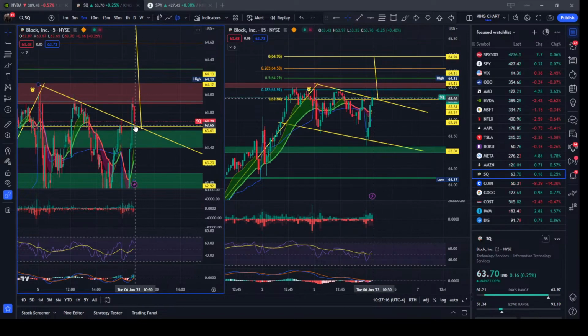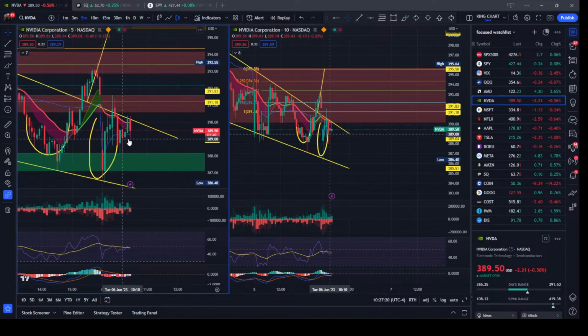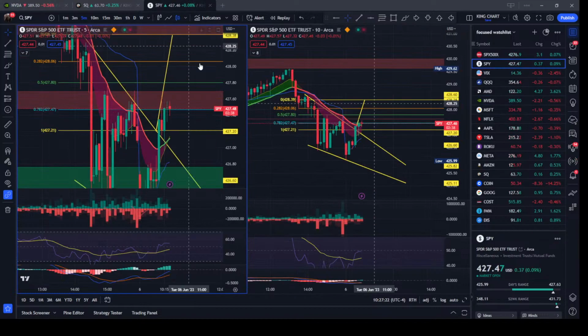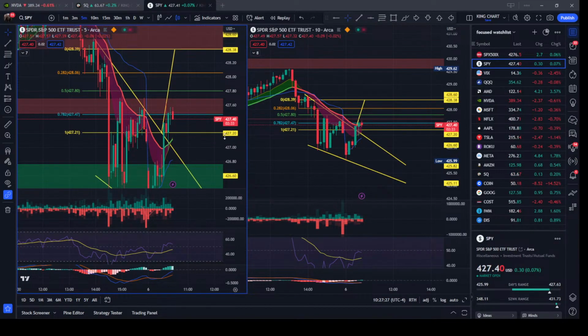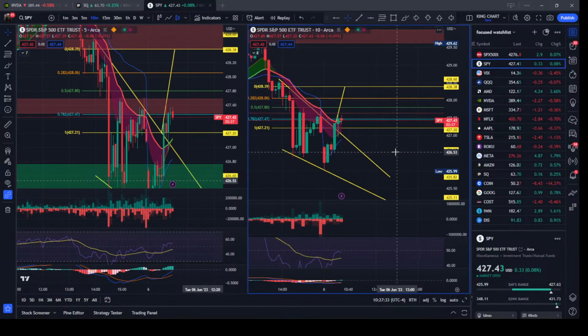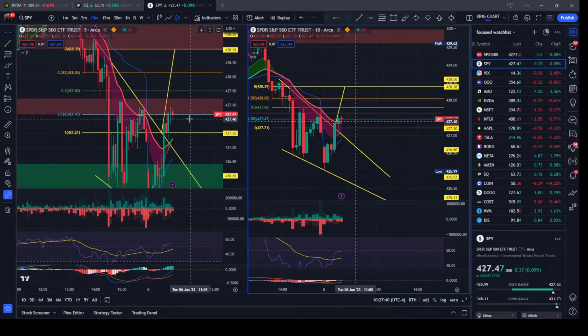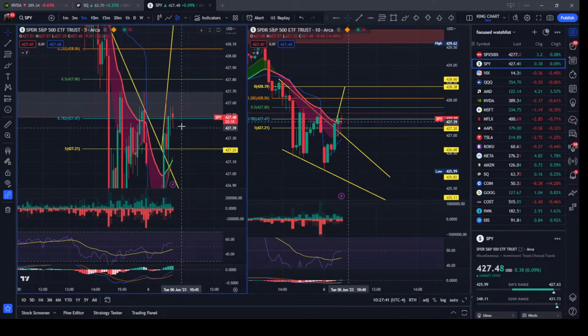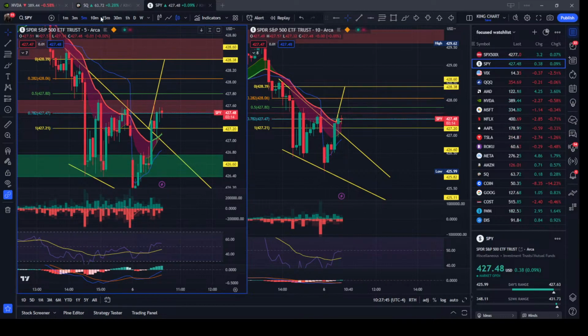Could be a nice launch pad there too if you want to get in on that play. And NVIDIA is rejecting VWAP once again on the 5. SPY, I think we get a big push to the upside here. We're just waiting on that 15-minute candle to close. If we can close above 427.47, this level, we should get one more leg up to our target. I'm pretty sure.